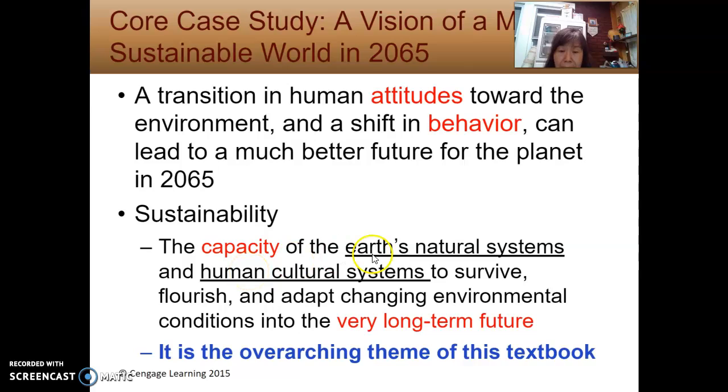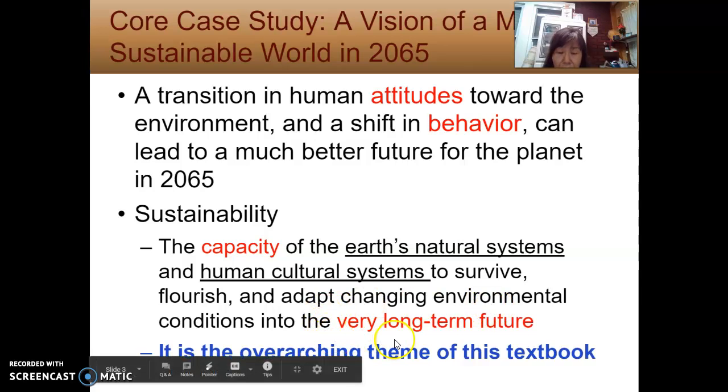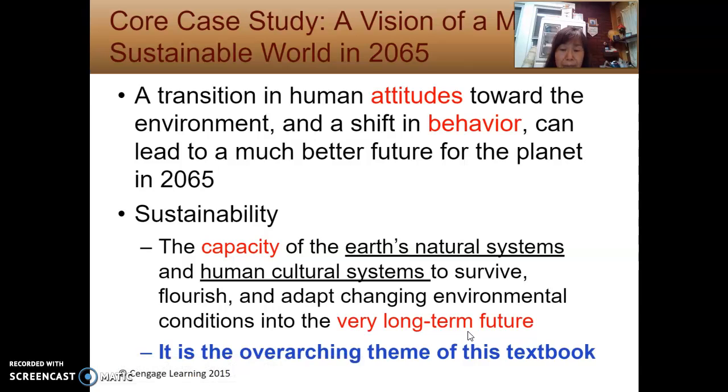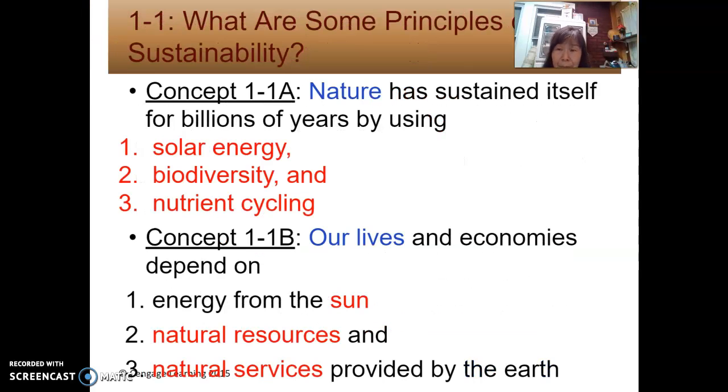This is the capacity of the earth's natural systems and human cultural systems to survive, flourish, and adapt to changing environmental conditions into a very long-term future. This is the overarching theme of this textbook. We will talk about sustainability every class, all the time.